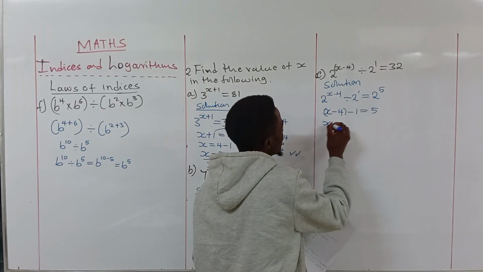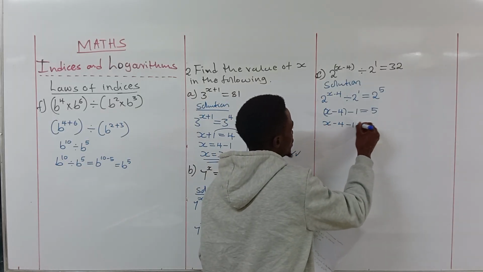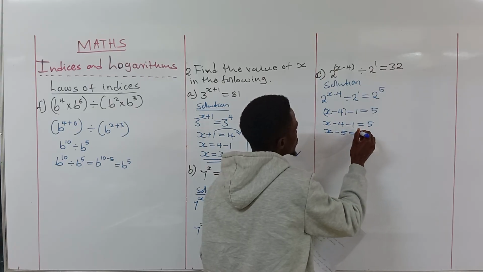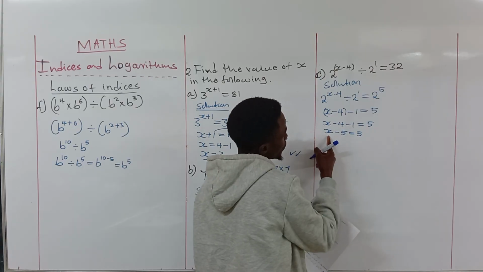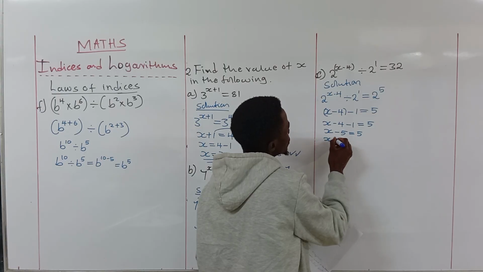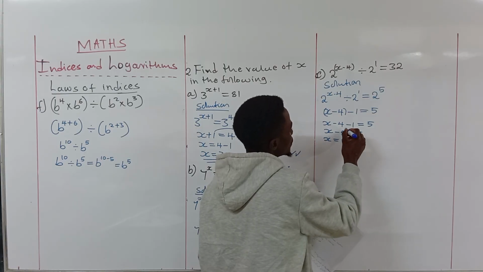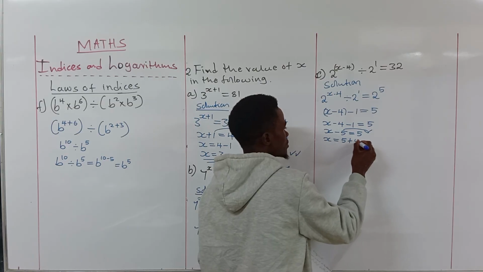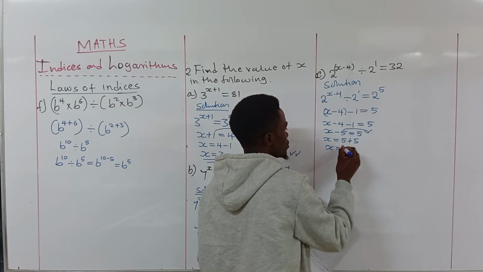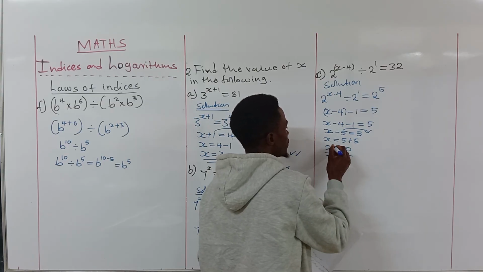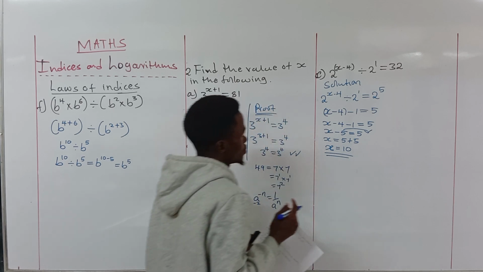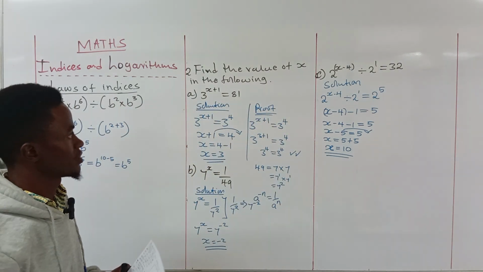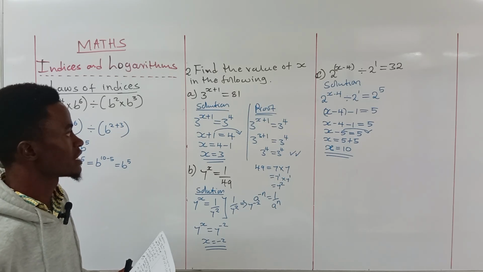So x minus 5 is equal to 5. Here, the 5 comes across and becomes positive, so x is equal to 5 plus 5. So x is equal to 10. Our value of x is going to be 10.